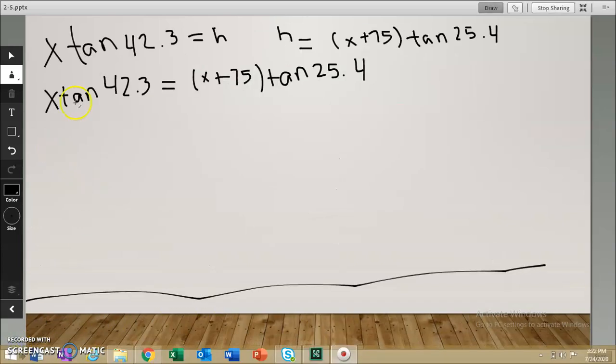Okay, so as I said previously, we have x times tangent of 42.3 is equal to h, and h is also equal to x plus 75 times tangent of 25.4. Well, since these two h's are the same, I can make these two equations the same also. So this is like our system of equations where we would use substitution. And so now I can solve for x because now I only have one variable.